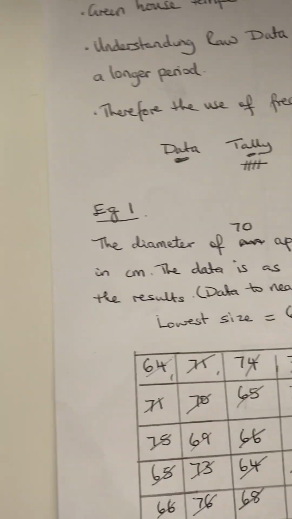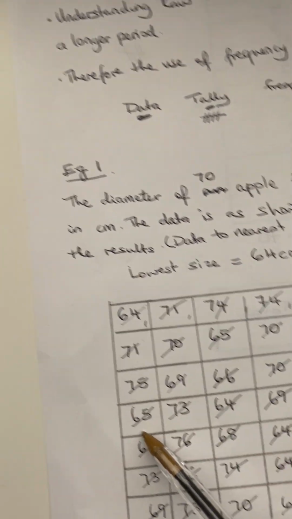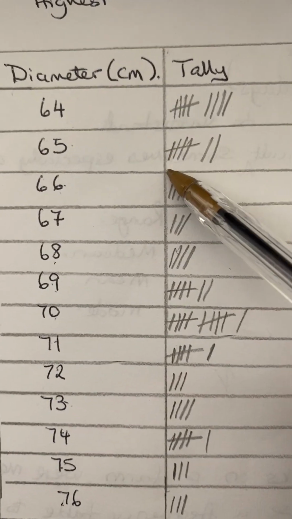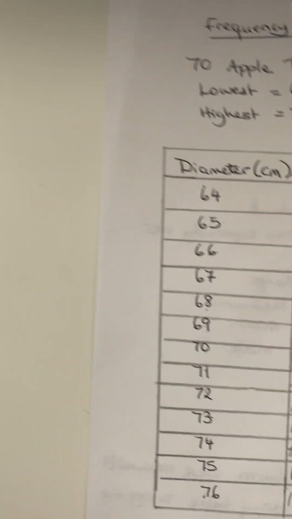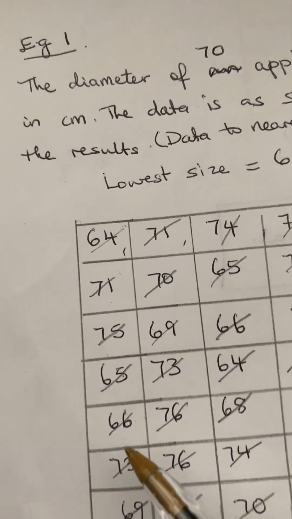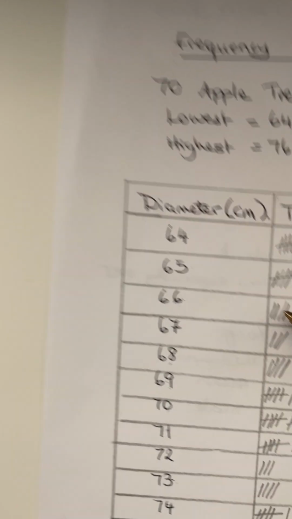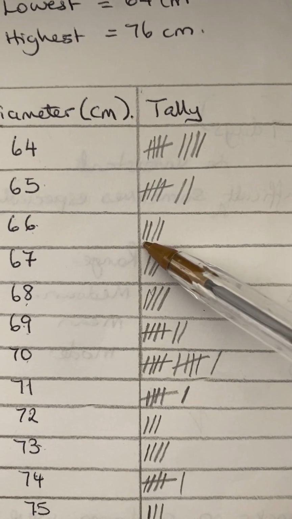Before I left, I cancelled it off. 65, cross it off, went on my table, a stroke. 66, cross it off, went there, found 66 and gave it the first stroke.